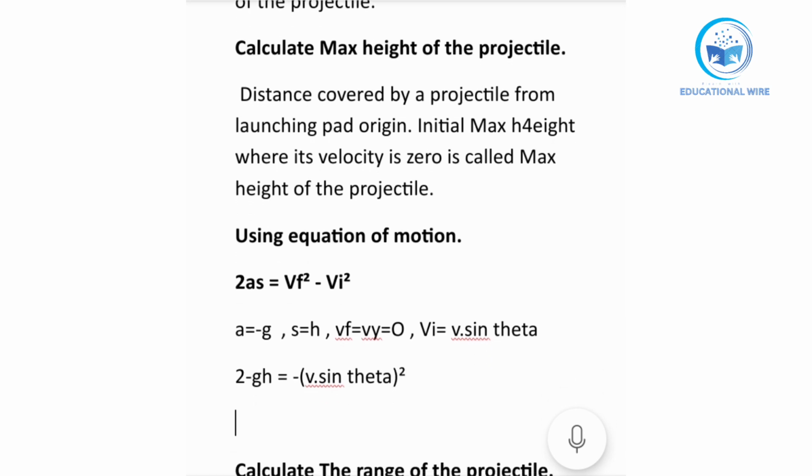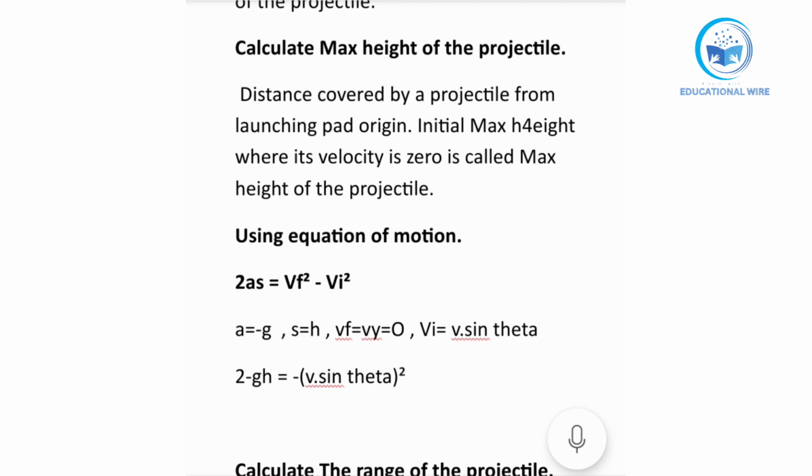Now what will happen? Here 2 times minus g times h will be minus 2gh. The 2 is multiplying here, so it will go to the other side and divide.